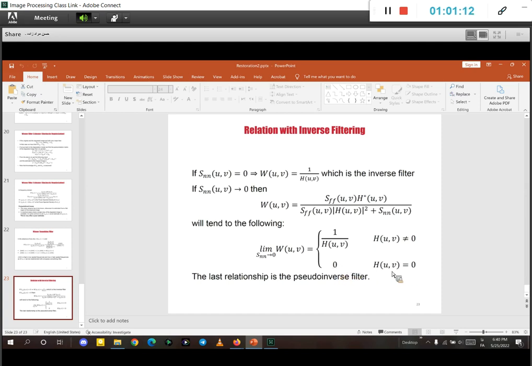That's right, 0. For example, if H is 0, this item is 0 and is negligible. This item, H conjugate over PSD of noise, and we can say this is the pseudo inverse we had in the last slides.